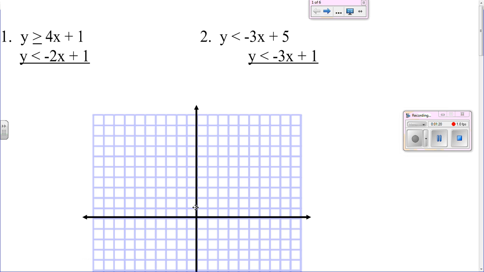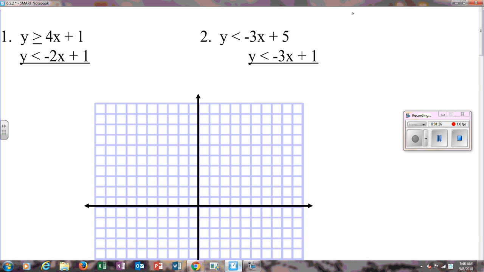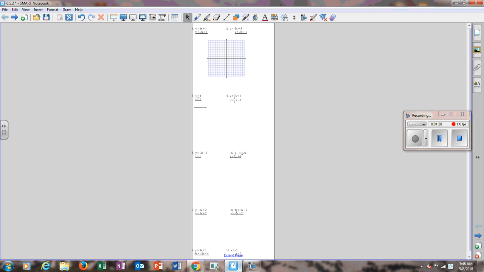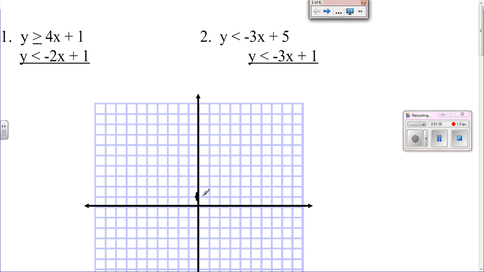So we go up to 1, make a dot. So we make a dot at 1, then you go up 4 and over 1, make another dot.